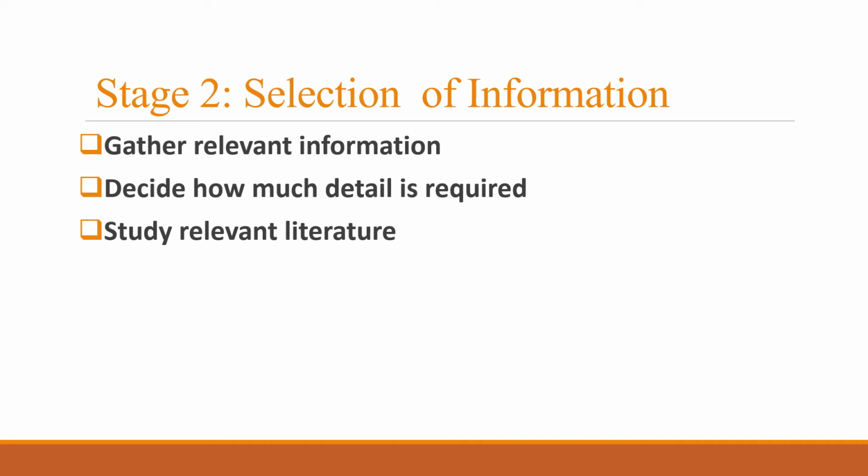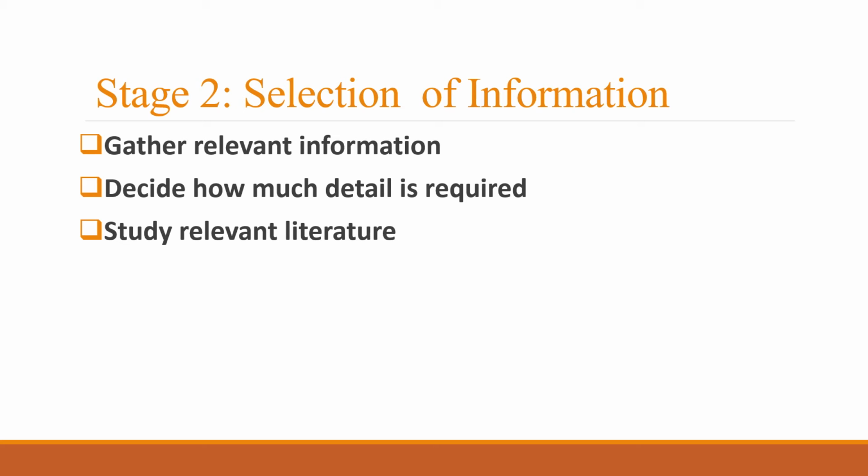So again, relevant information, and then the intensity of the details, how much detail is required. That is not an easy decision, because when you are writing a report on a certain topic, you get a lot of information on it.